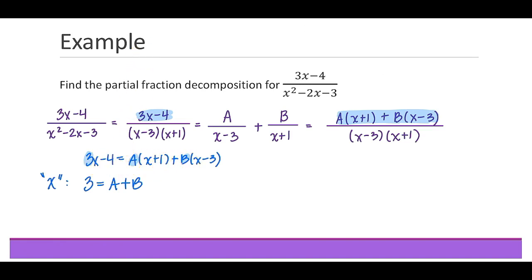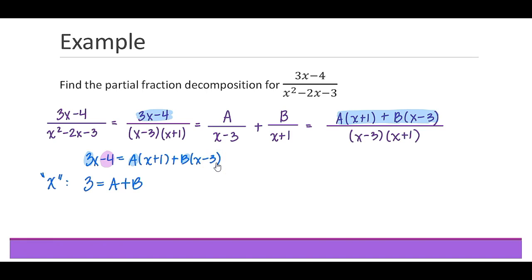And then the constant terms on each side. On the left side, the constant term, the one without any x's involved at all, is negative 4. And negative 4 would have to equal the constant terms on the right-hand side. Well, the constant terms on the right-hand side are going to be a, because after I distribute the a into each side, I'll have an a there. And then after I distribute the b into both sides, I'll have a minus 3b.